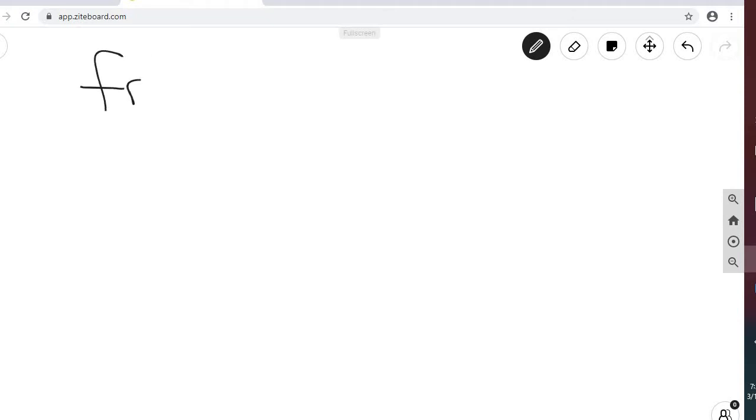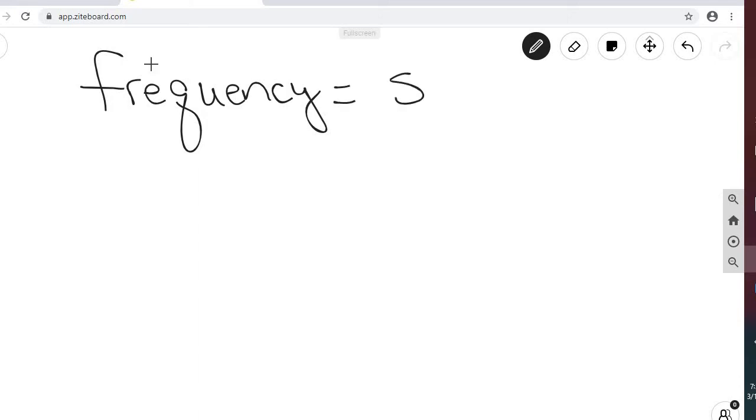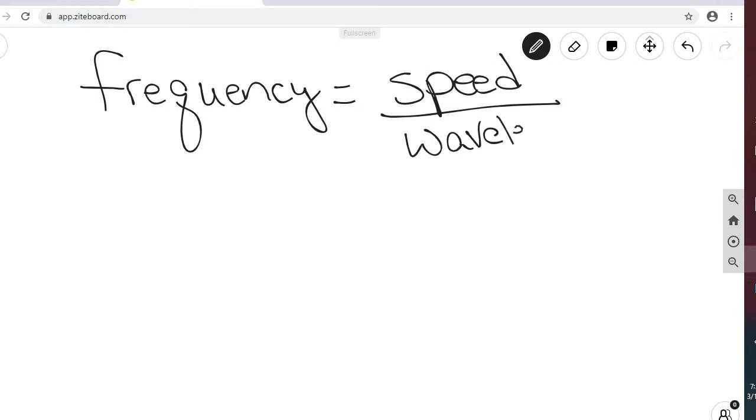Mathematically, we express the relationship between frequency and wavelength like this. Frequency is equal to the speed of the wave divided by the wavelength. The letter f is used for frequency.